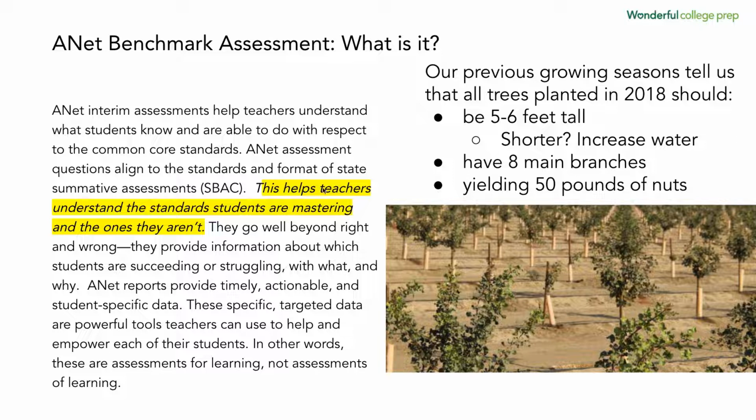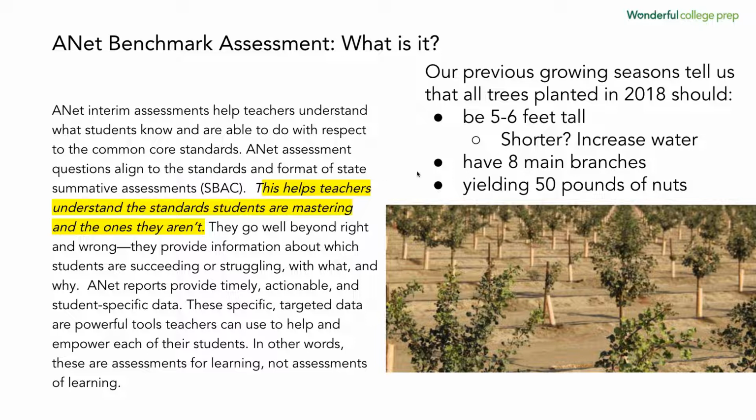The purpose of this is that it helps teachers, parents, and students understand the standards that students have mastered and the ones that they have not. Now, we really get a good chunk of data back about these, both for the student and the school. And this data is going to help us better determine the interventions and how to provide a scope and sequencing in our teaching that addresses all of the needs of our learners.